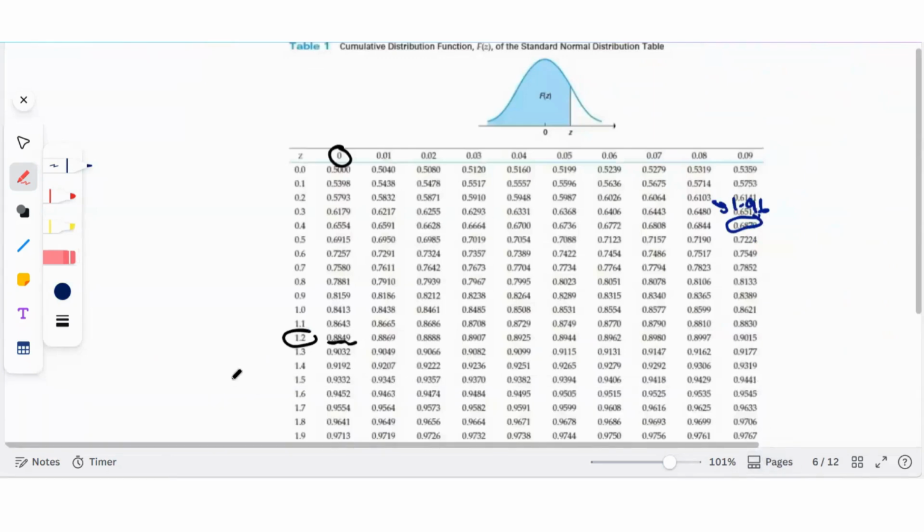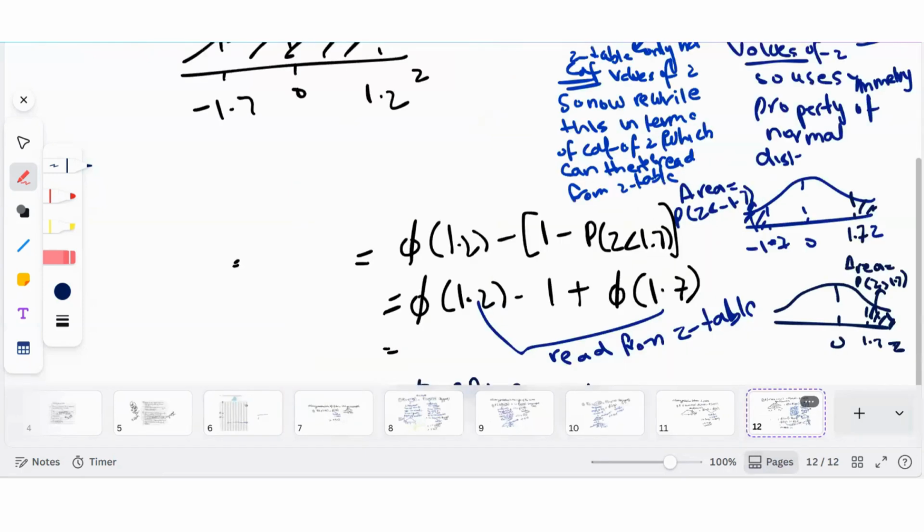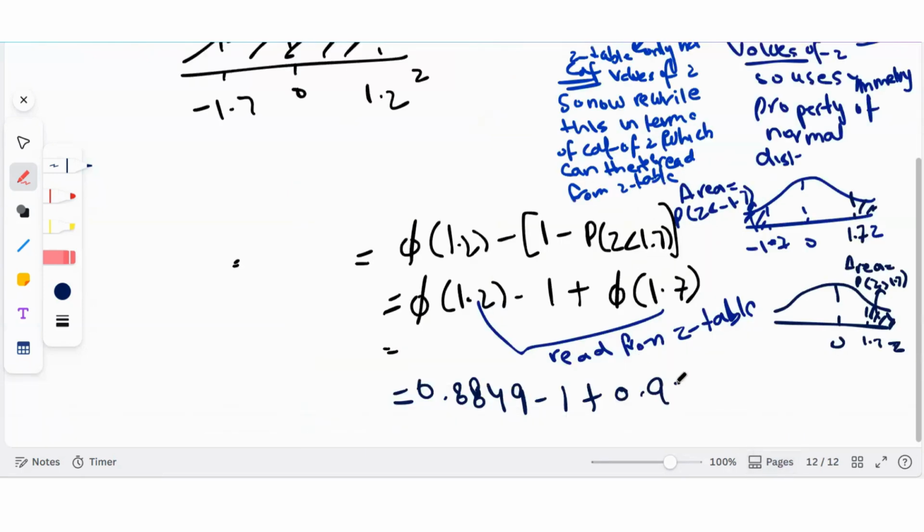This is 1.7, the Z value up to the first decimal place, and the second decimal place is just 0. So this is 0.9554. You simplify this, and it turns out to be 0.8403. So in this way, we can find it.